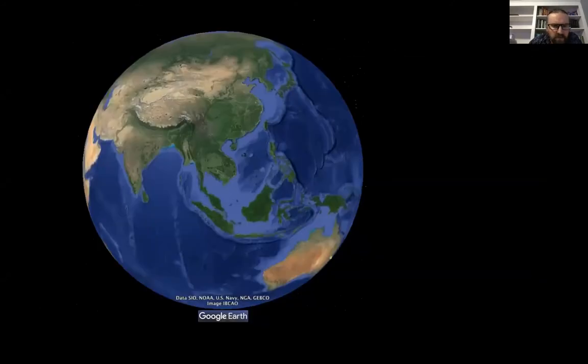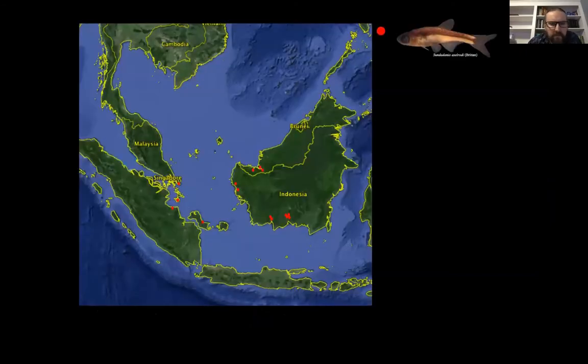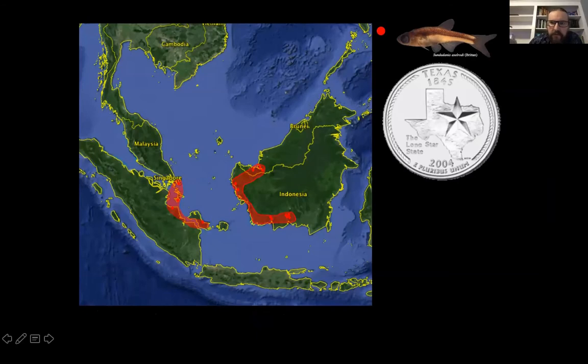So I want to move now from South Asia to Southeast Asia to talk about another group that I worked on, an interesting group of cyprinids belonging to the genus Sundadanio. These are tiny miniature cyprinids that range in size from 14 to about 18 millimeters in length, and they live in peat swamp forests in coastal areas of Sundaland, including parts of Borneo, Sumatra, and adjacent islands in between.